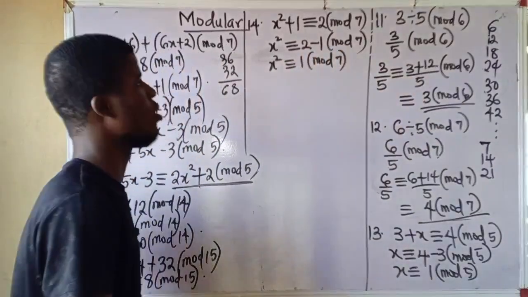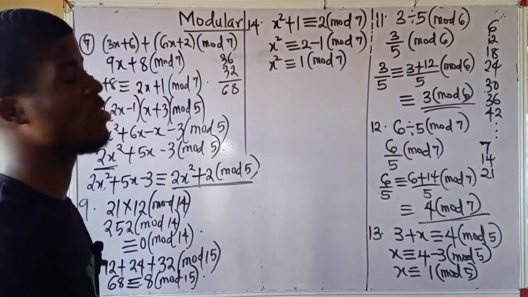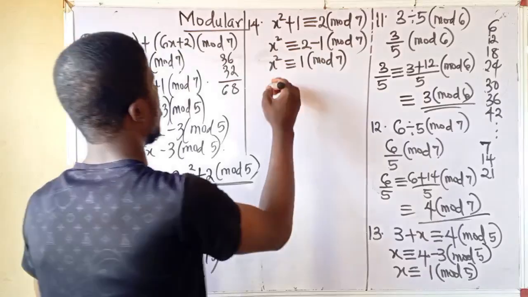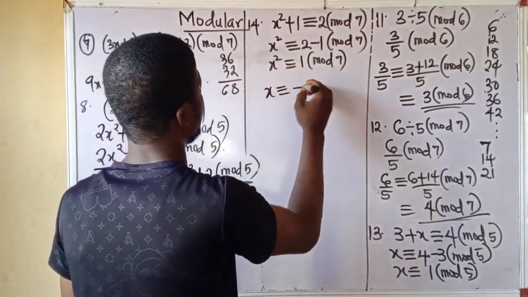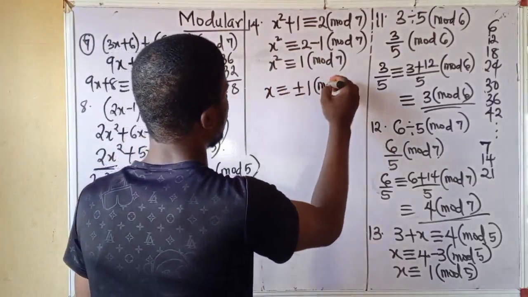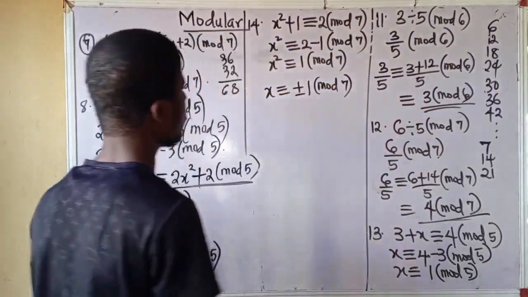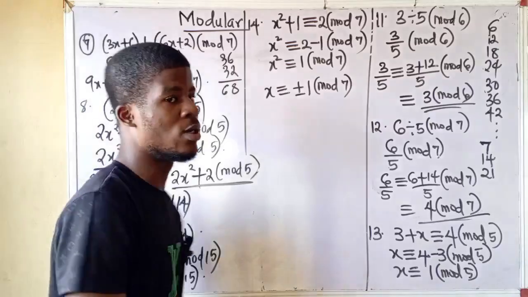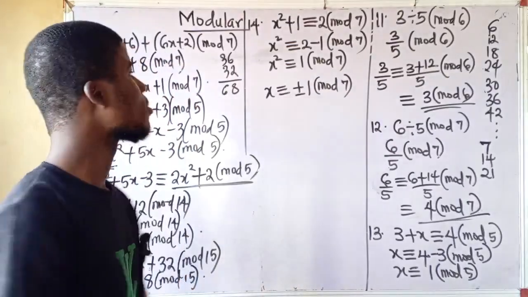So if I take the square root of both sides to eliminate that square, x will be congruent to plus or minus 1 modulo 7. You know that the square root of 1 is plus or minus 1.